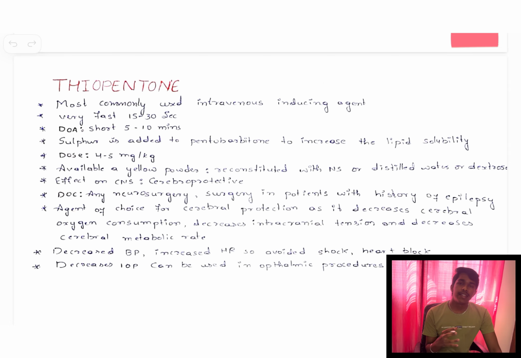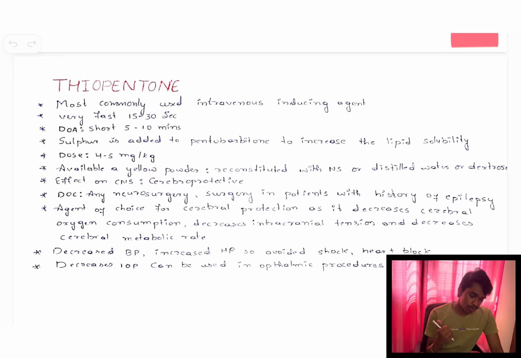The onset is fast due to high solubility, meaning it is lipid soluble. To enhance its lipid solubility further, we add sulfur to phenobarbital. Phenobarbital is under barbiturates, which also come under thiopentone. So we are increasing its lipid solubility.